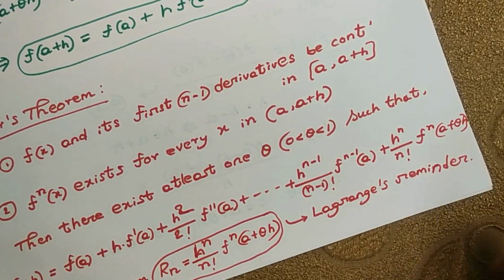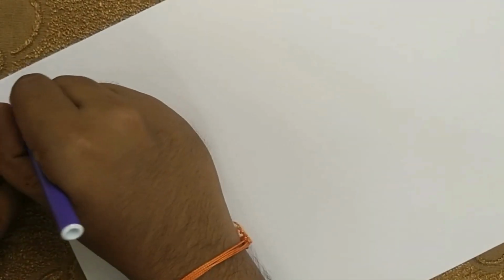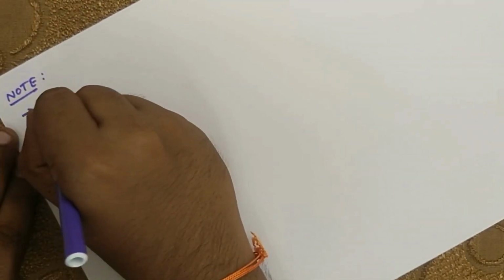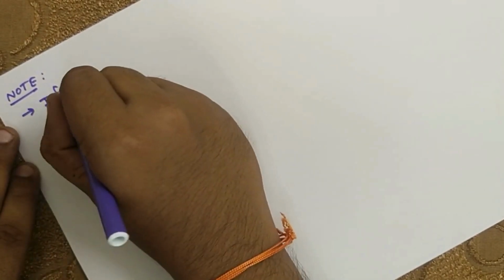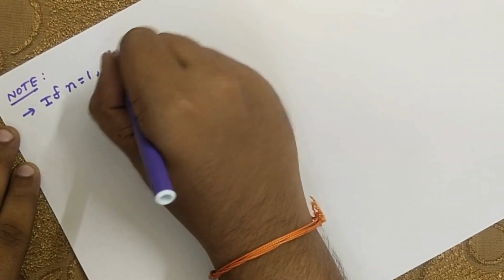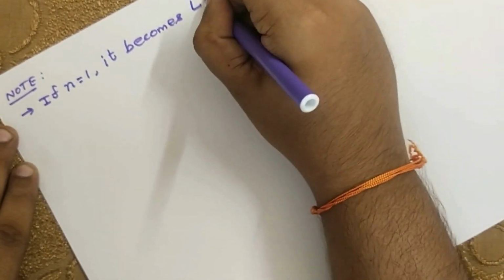All right, let's see the very important note points regarding this Taylor's theorem. If in the above equation n is equal to 1, it becomes simply our Lagrange's mean value theorem.